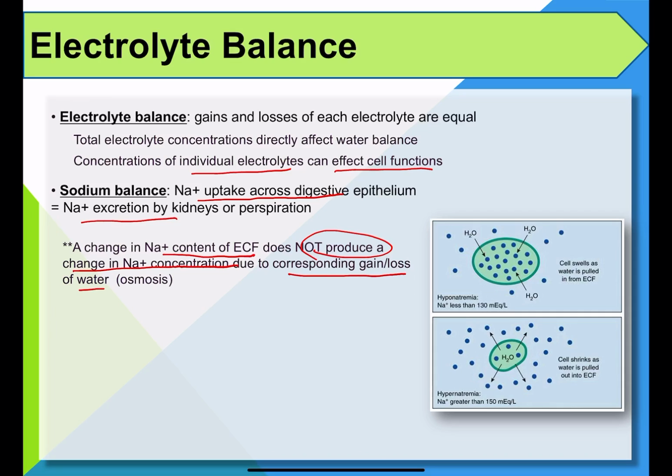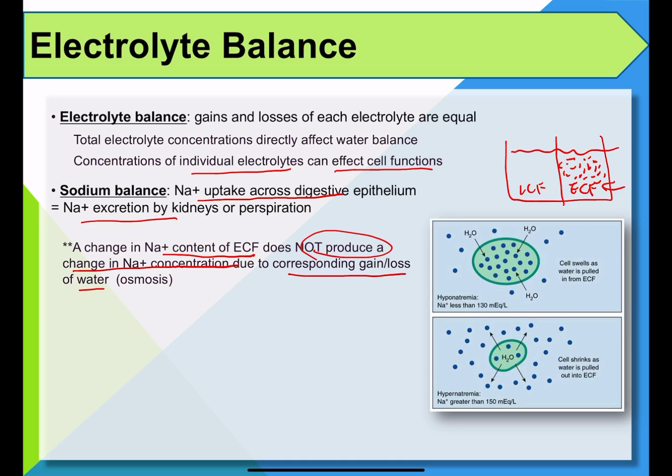Note that a change in sodium content of ECF does not produce a change in sodium concentration due to the corresponding gain or loss of water. So when you gain sodium content in your ECF, going back to ICF and ECF, all of a sudden you're flooding your ECF with lots of salt. Now this becomes hypertonic compared to the ICF.